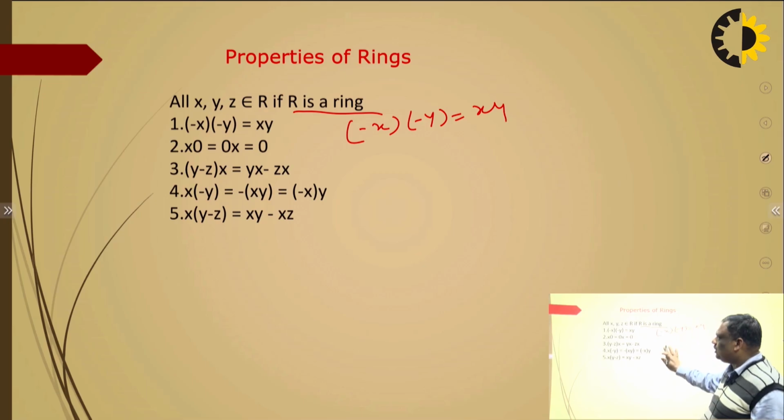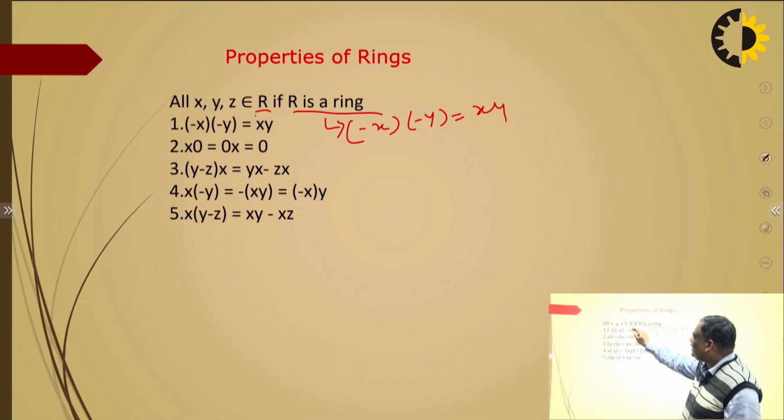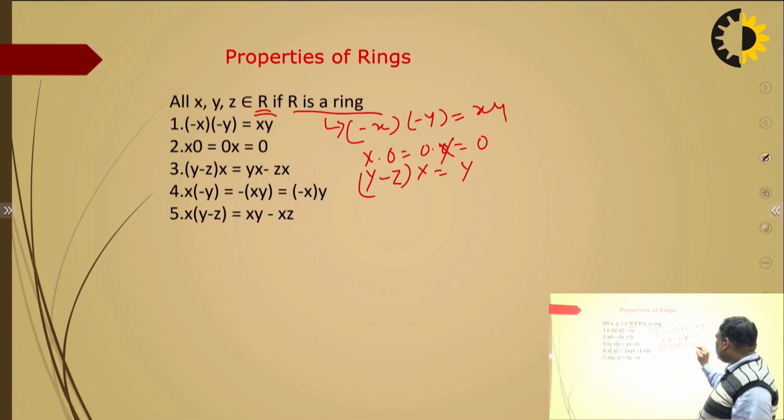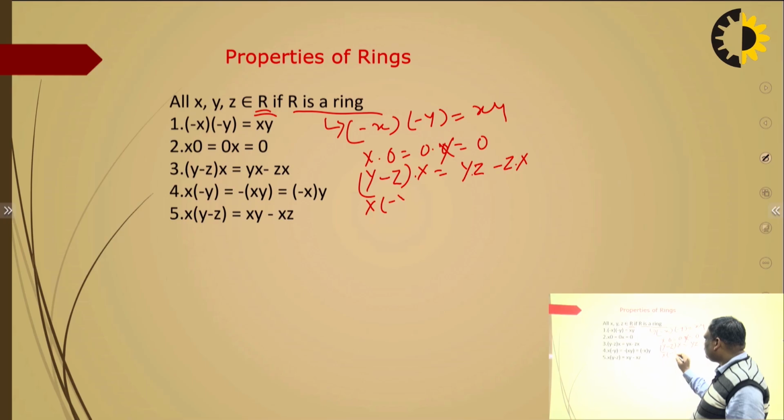These are the properties we can use directly if the given R is a ring. x dot 0 equals 0 dot x equals 0. Then (y minus z) x equals yx minus zx. Similarly x(minus y) equals minus xy equals (minus x)y.